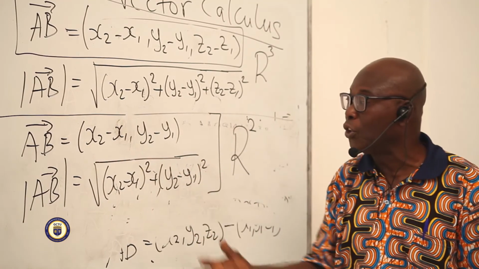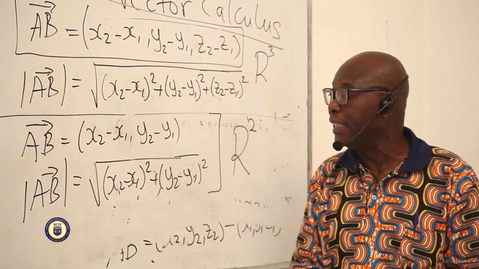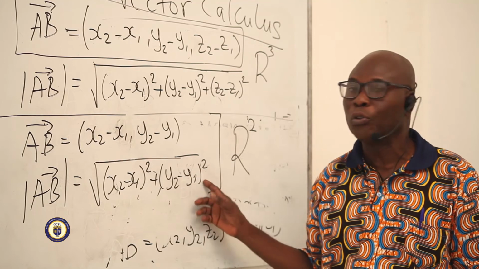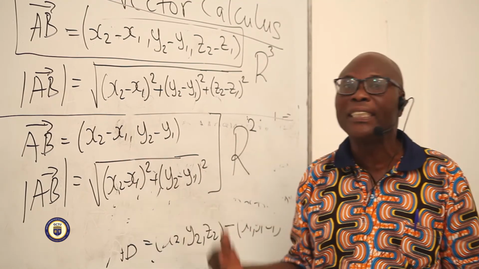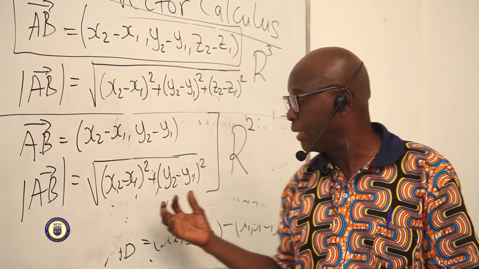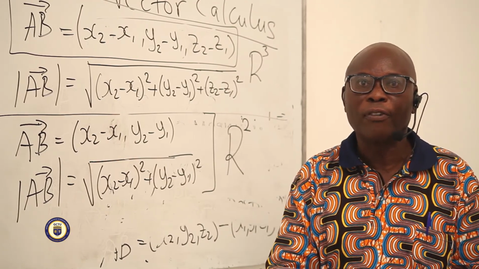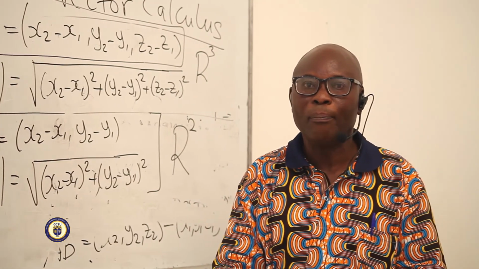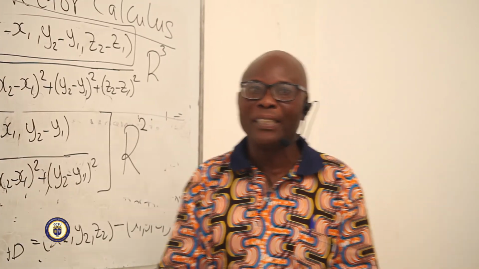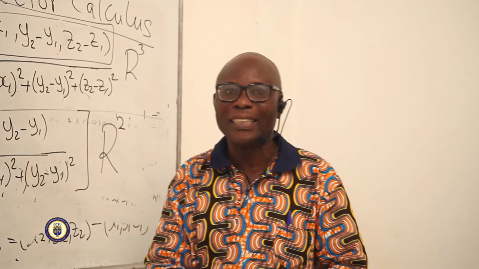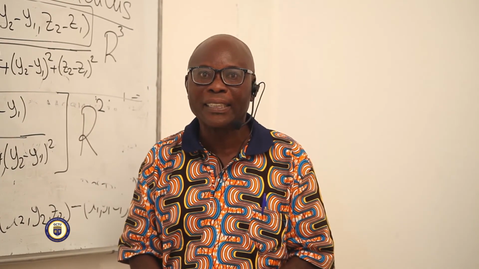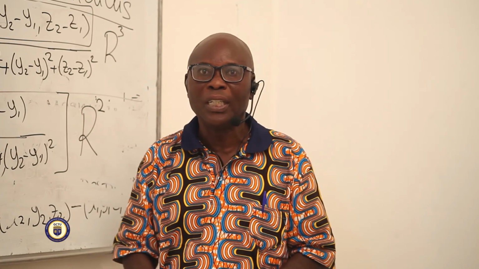And then the magnitude of this vector is defined by the square root of the differences in the respective coordinates, and that does it for the definition of vectors on a plane. So we'll end this session, and then in the next session we shall look at examples of how to calculate vectors in terms of the magnitude and the direction.